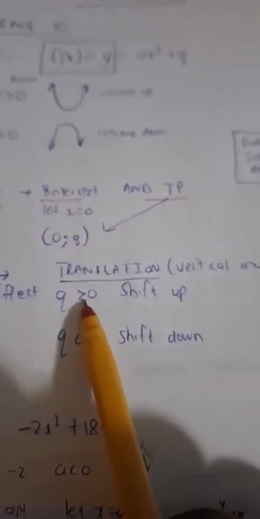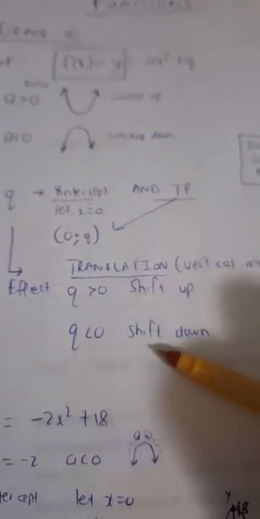The effect of q is that if it is a positive value, the function moves up, and the more we add to q, the further up the entire function moves. When q is less than 0, the more we subtract from q, the further down the function shifts.